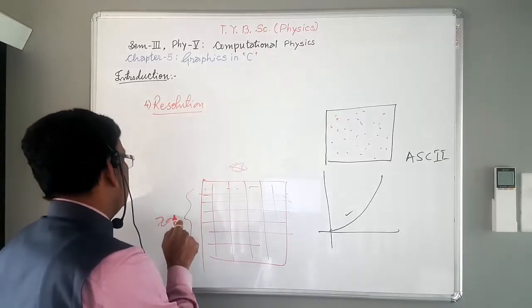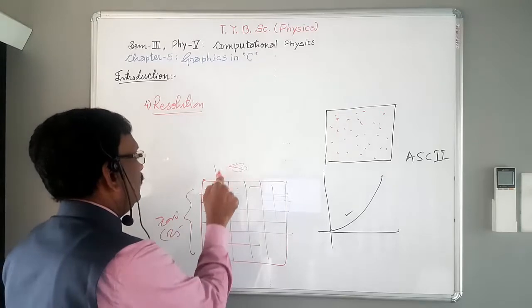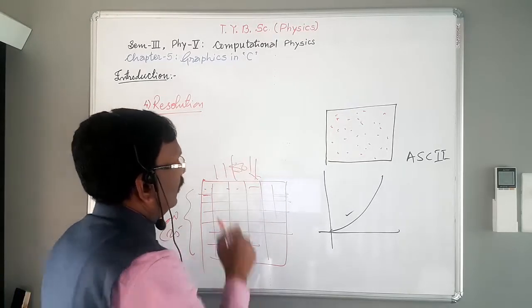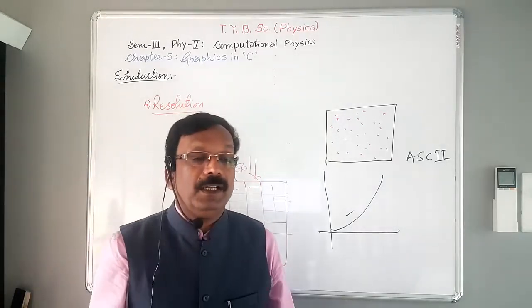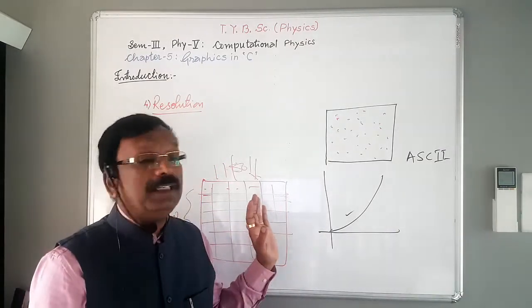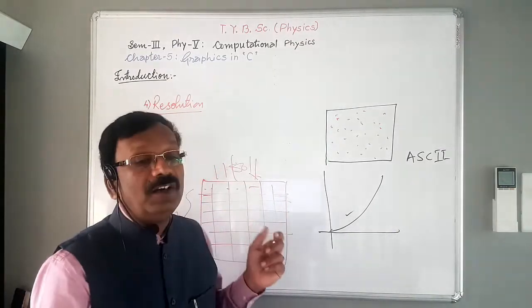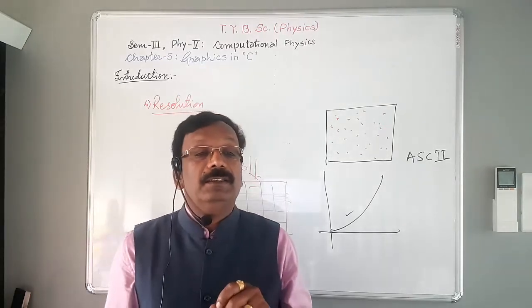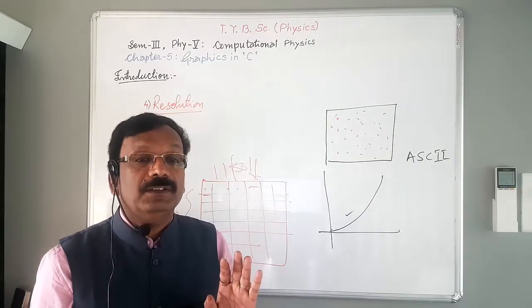These are the rows, 25, and these are the columns, 80. In text mode, the screen is divided into 80 columns and 25 rows.